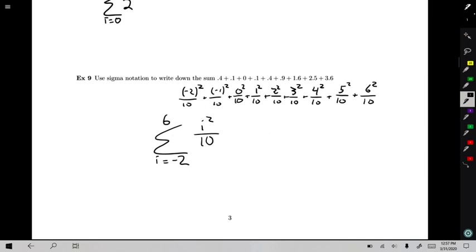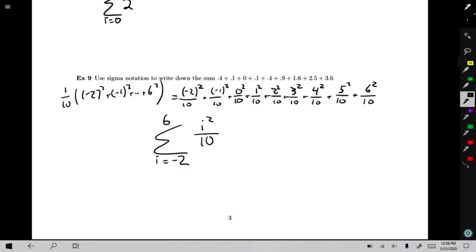Now maybe a good observation to make here is that, well, since I'm dividing all of these numbers in the sum by 10, if I want to factor out a 1/10, to maybe write this a little bit more simply, I could say that this expression here is equal to something like, let's see, 1 over 10 times minus 2 squared plus minus 1 squared plus so on up until I get to 6 squared.